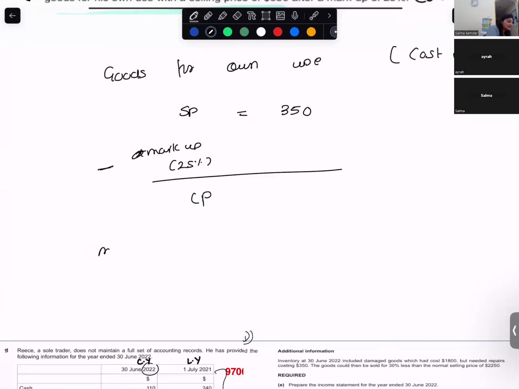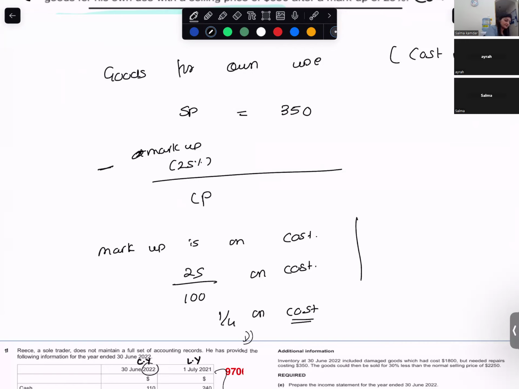Now markup is on cost. So this is 25 by 100 on cost. So this is 1/4 on cost. Do you have the cost of sales? No. So it will be 1/5 on sales. So it will be 1/5 on 350. 70 is the profit on the goods for own use.